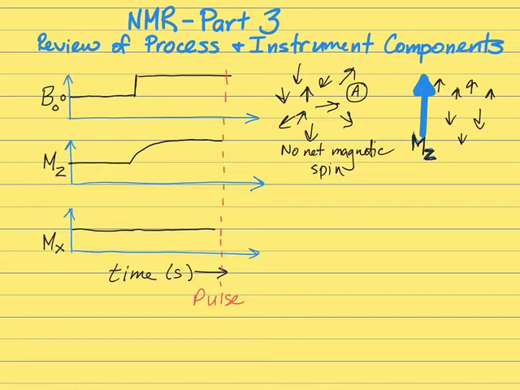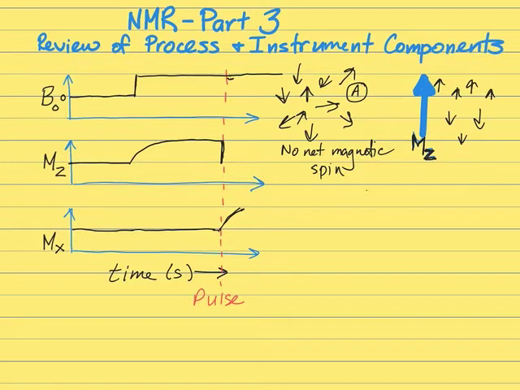So we're going to see when that arrow, that m sub z, flips down into the xy plane, we're going to see a sudden drop in the magnetic field being detected along the z-axis, and a sudden increase in the magnetic field being experienced along the x-axis. So the z-axis drops, the x-axis increases, and B naught is still on. It's not changing. It's just going to be up there and on.